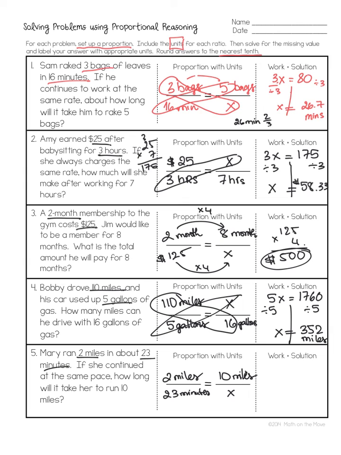So 2 miles to 10 miles, you know the relationship that you will multiply by 5. So 23 minutes, I will multiply by 5 as well. So 5 times 3 is 15. 5 times 2 is 10. Add 1, it is 115 minutes.